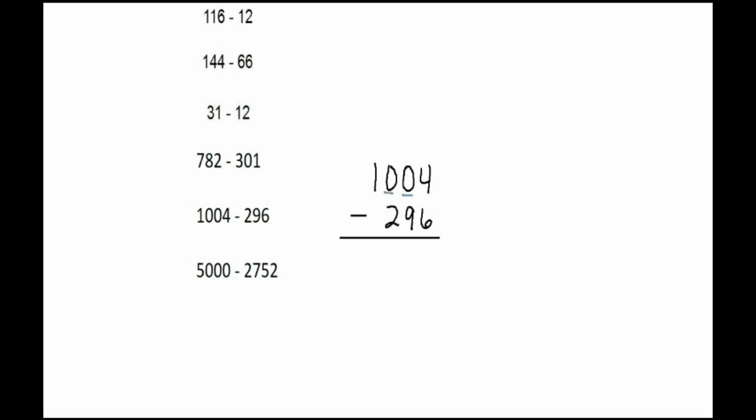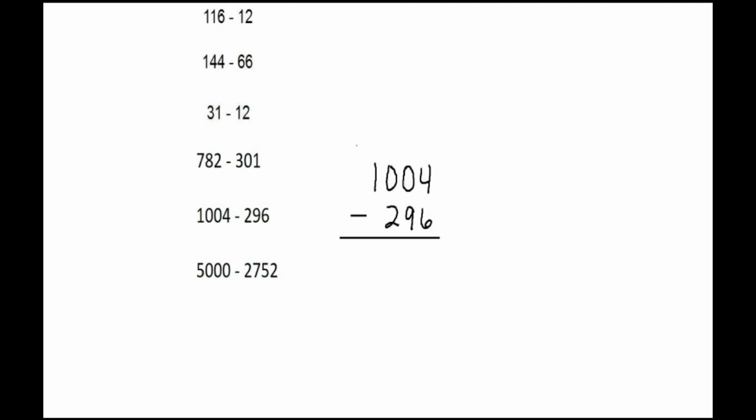But unfortunately, the number in the hundreds column is also a 0. So we'll move over to the number in the next column, the thousands column. In the thousands column, we have a 1, and we can borrow from 1.